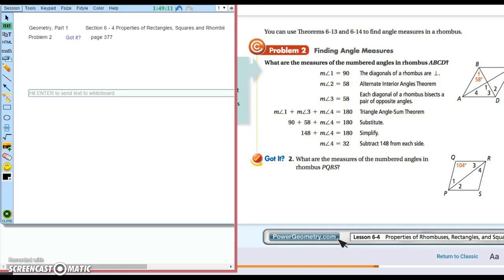So since a rhombus is a parallelogram, that means that angle QPS is supplementary to angle Q, which means that 104 plus angle 1 plus angle 2 should all add up to 180, since 1 and 2 make up QPS.